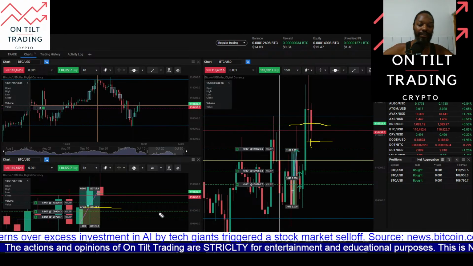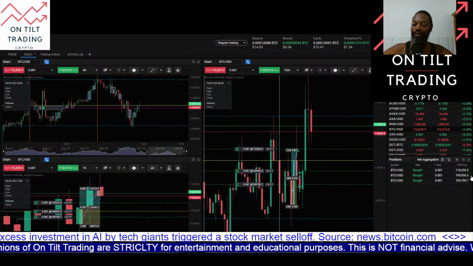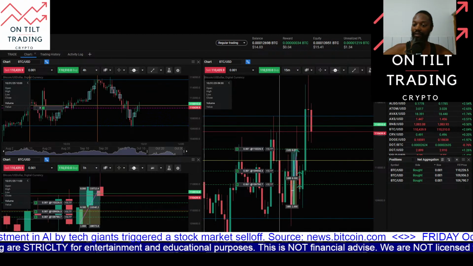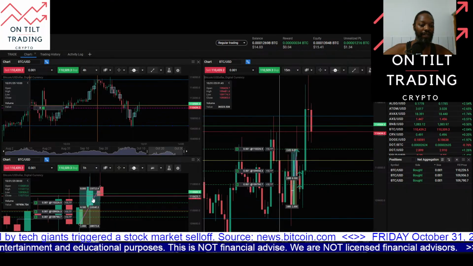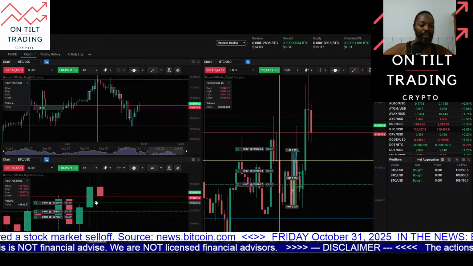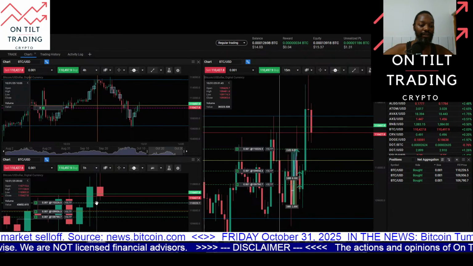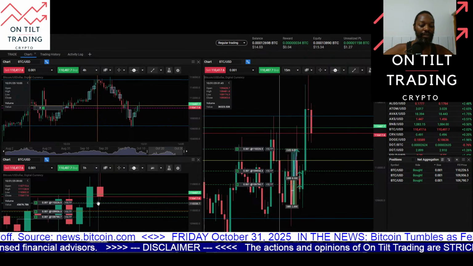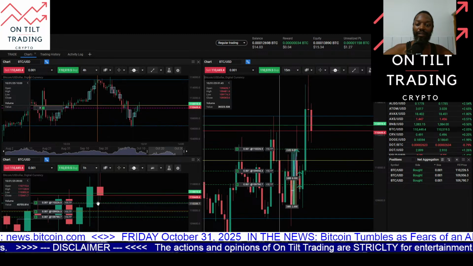I'm looking at the 60-minute and wanting to see if a fair value gap will form here on the 60-minute. Right now you can see there is very little space here.